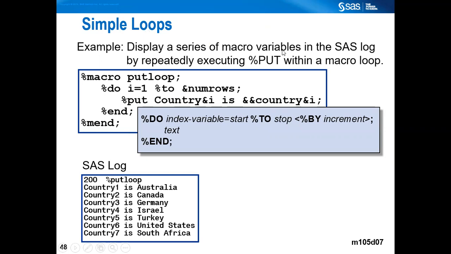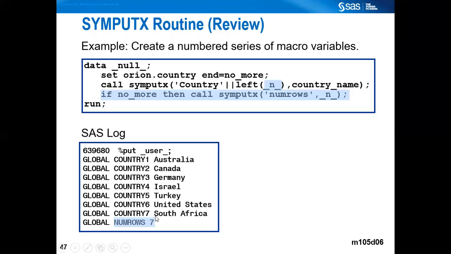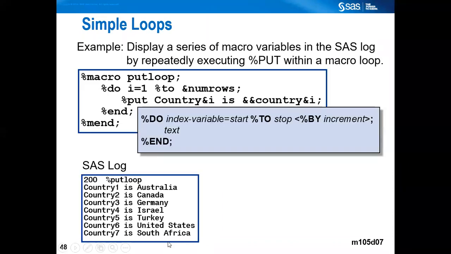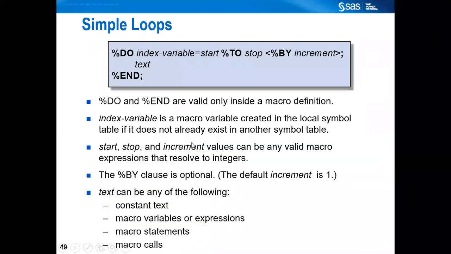So display a series of macro variables in the SAS log by repeatedly executing %put in a macro loop. This is the same thing you were doing when you were using %put _user_, right? So it's the syntax for your do loops. It's simple loop statements, similar to base SAS, only your keywords are preceded with a percent sign and they are valid only inside a macro definition.